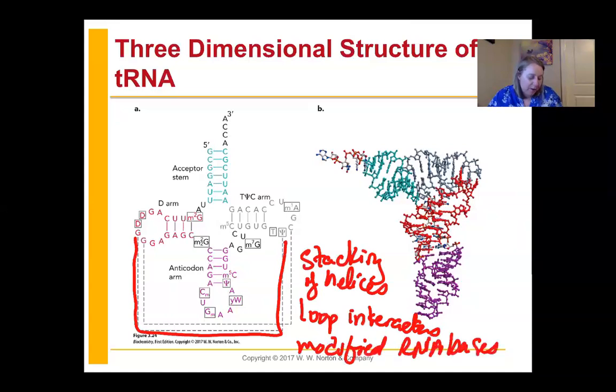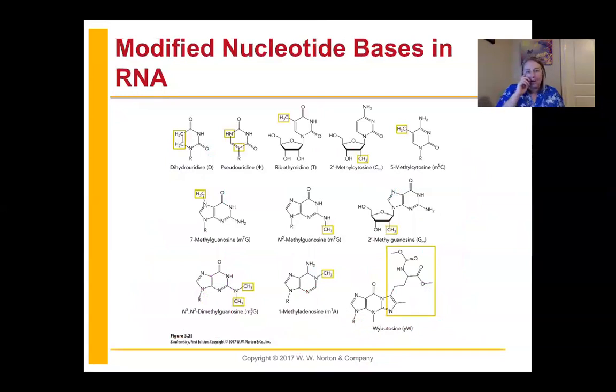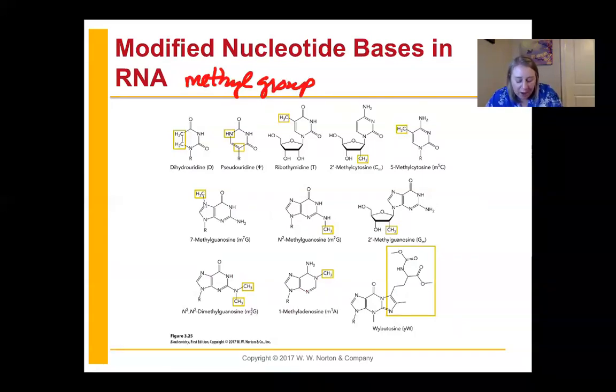Here are some examples of the modified bases that we're going to find in RNA. A lot of times it's the addition of a methyl group in place of the hydrogen on the former hydrogen bonding nitrogen donors.